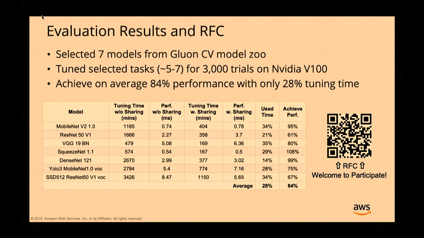By doing that, we can achieve on average 84% performance with only 28% tuning time. You can see the used time in the second column from the right shows how much time we used for achieving the performance in the very last column.